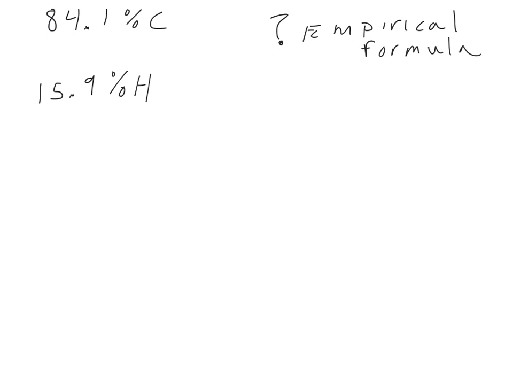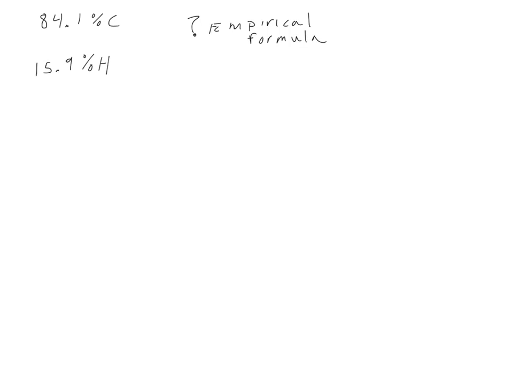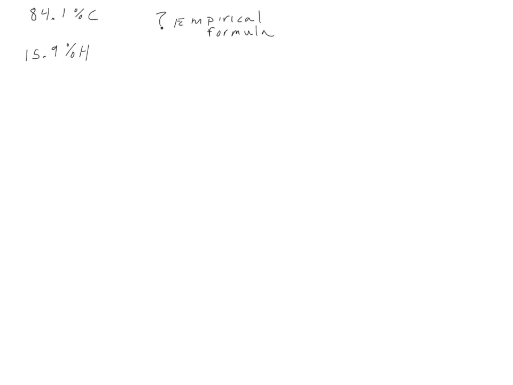When going from percent composition to empirical formula, you're going to follow a couple easy steps. And I've got a color flow chart in the notes here for you. But the first thing you're going to do, when you have percent composition, is step 1: assume you have 100 grams of the compound.